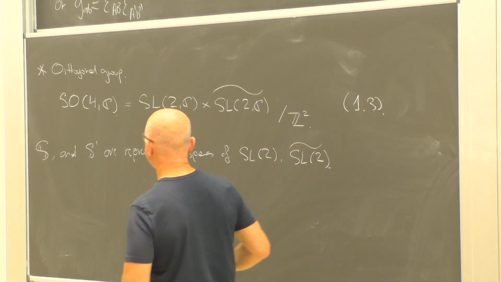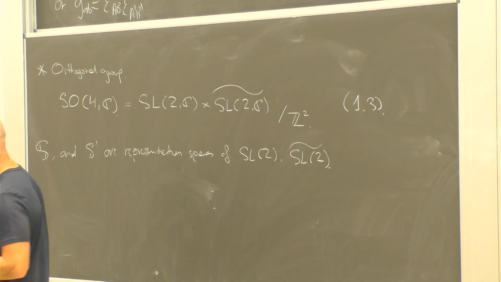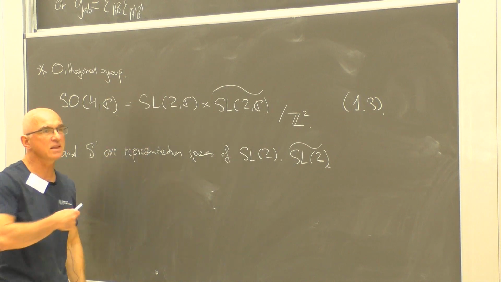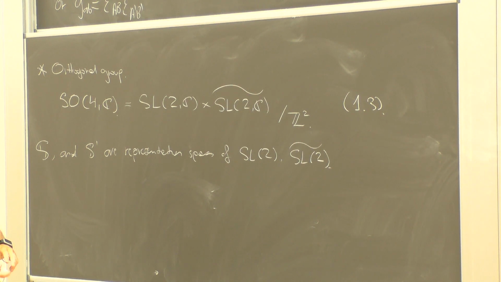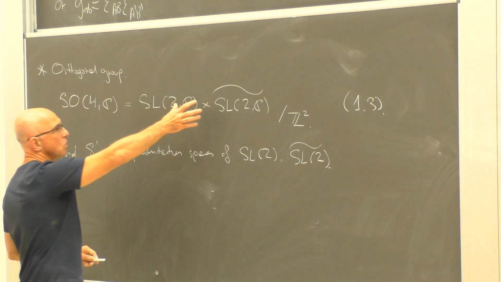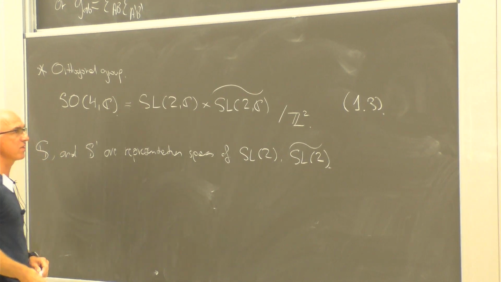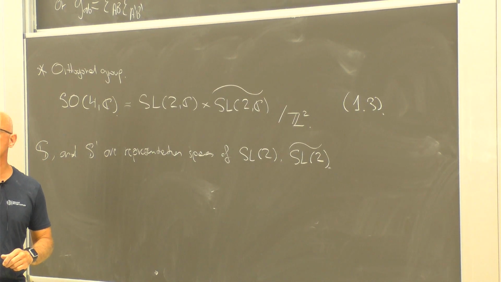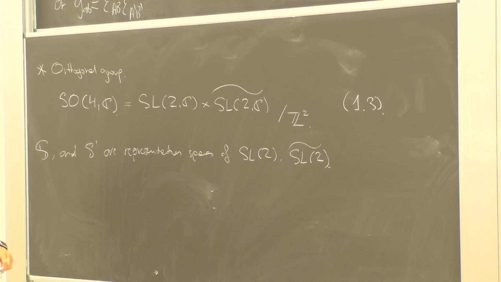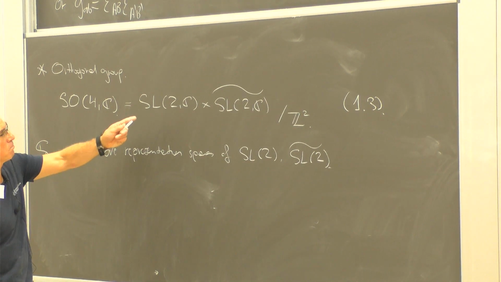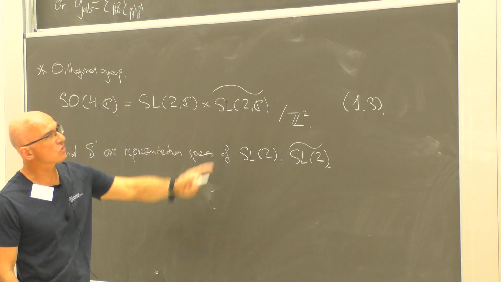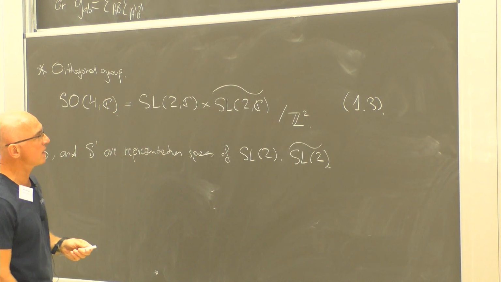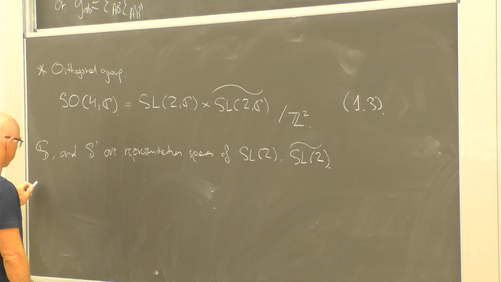Now, in the complexified setting, these SL2 groups are very independent. But again, the reality conditions, depending on what conditions we assume, make some further reductions. And the condition you will become familiar with, especially those of you who come from the Warsaw School, is the Minkowski reality condition, where these are not independent, but they're related by complex conjugation.